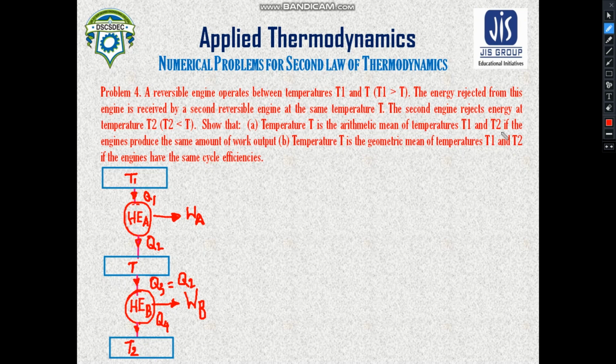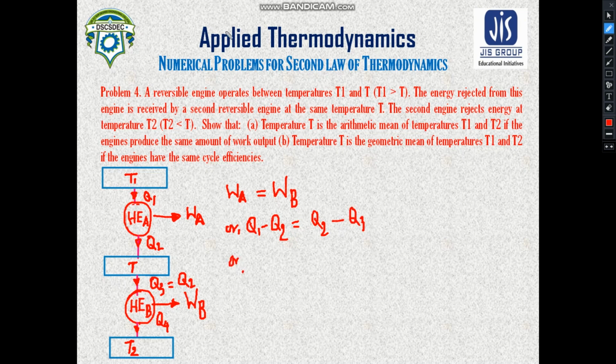This heat engine B rejects the heat at temperature T2. Now let us try to solve the problem. Temperature T is the arithmetic mean of the temperatures T1 and T2 if the engines produce the same amount of work output. So WA is equal to WB, right? So you can write Q1 minus Q2 is equal to Q2 minus Q3.